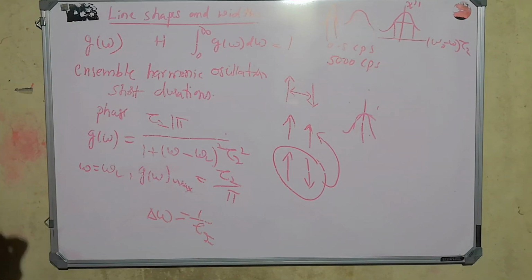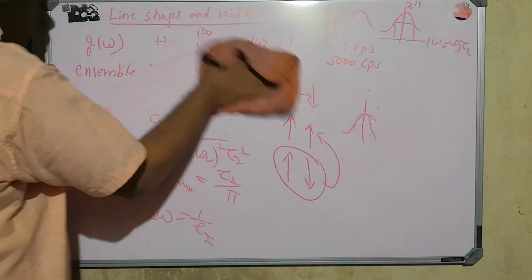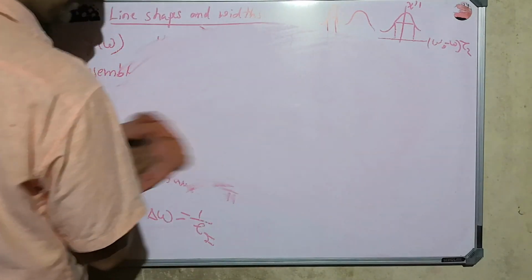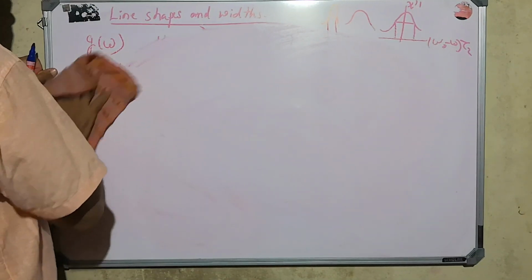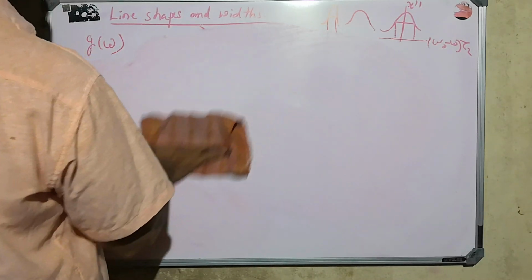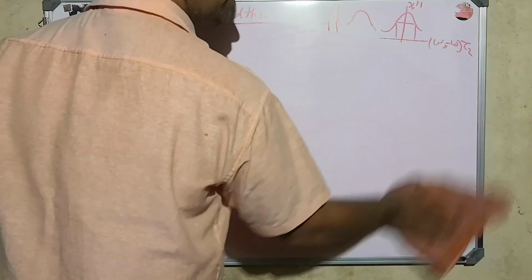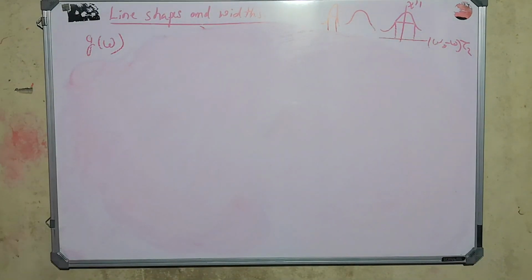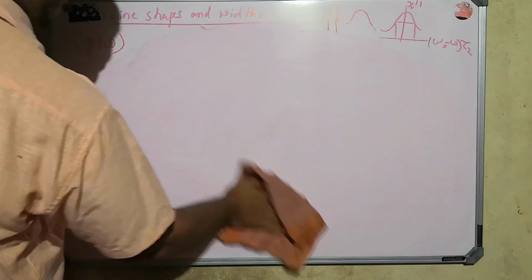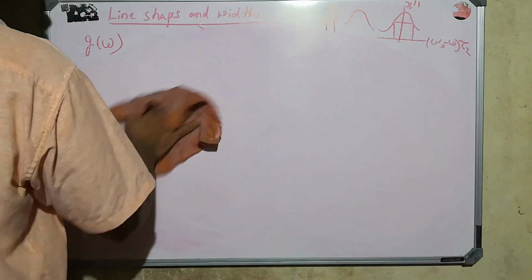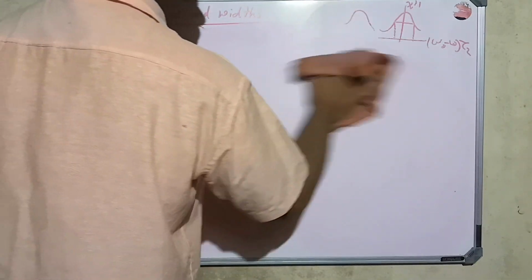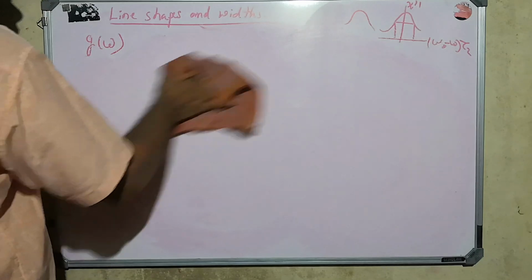The same explanation does not hold good for solids, because in solids the atoms or harmonic oscillators are fixed about their positions. In some materials we can observe diffusion of atoms, but diffusion of atoms is not considered in this case. Now, ignoring atomic diffusion, let us see the reason for the broadening of line shapes.